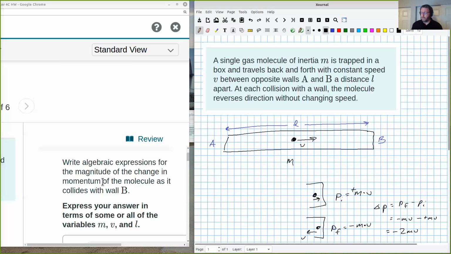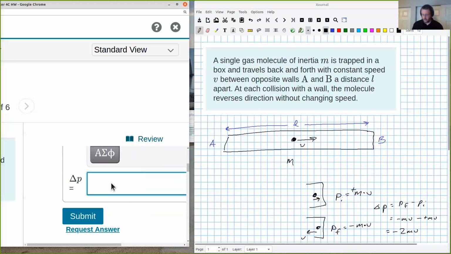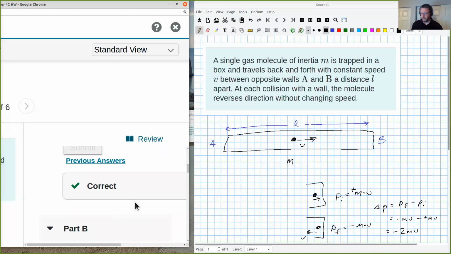The question asks for the magnitude of that change. So for the magnitude of the change, we can drop the negative sign, and you get 2 times m times v. Don't forget the 2. Correct. Yay. Okay.